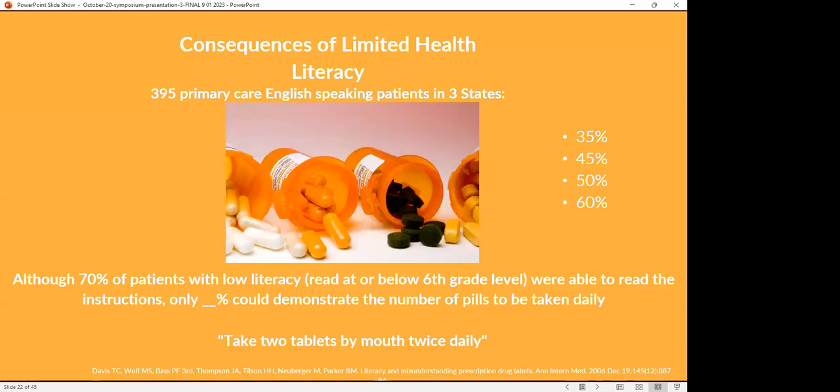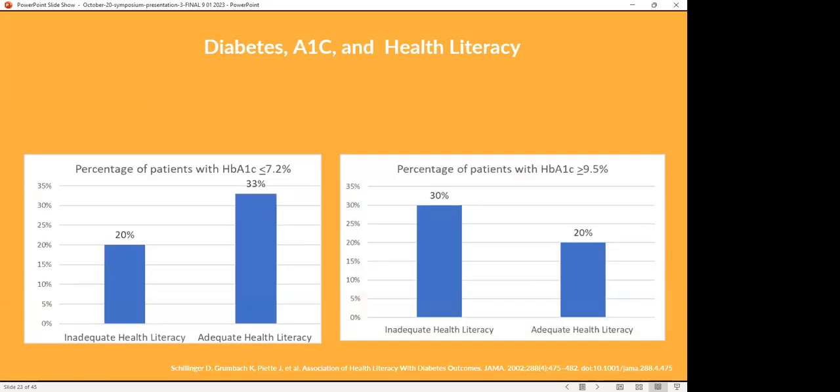What percentage do you think understood the directions? Oops, it was 35%.